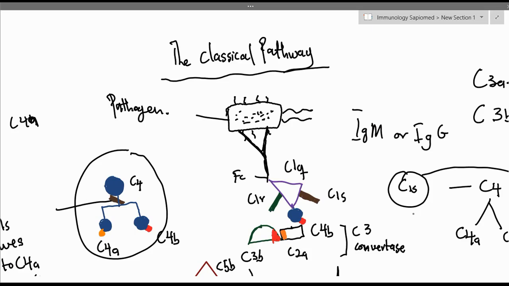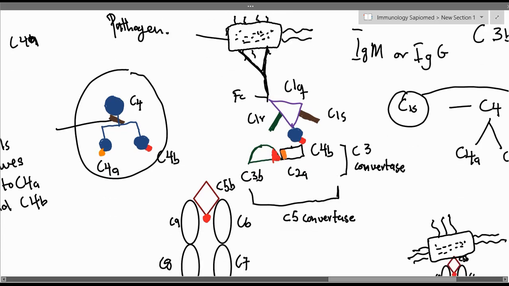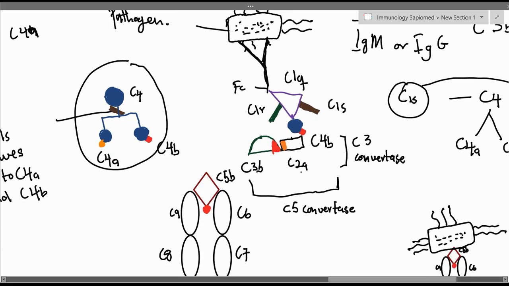So you can see from this diagram that C2A has bound to the C4B. Okay. Now, after the binding, this C2A and C4B combine to form what we call the C3 convertase. Remember what we said about the C3 convertase? So C3 convertase is actually C2A and C4B.